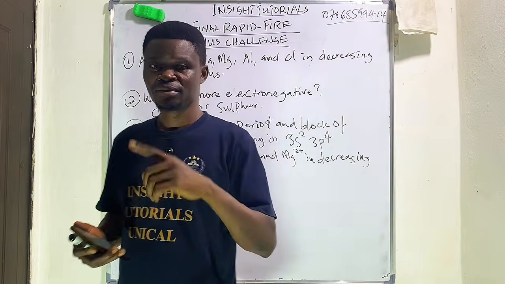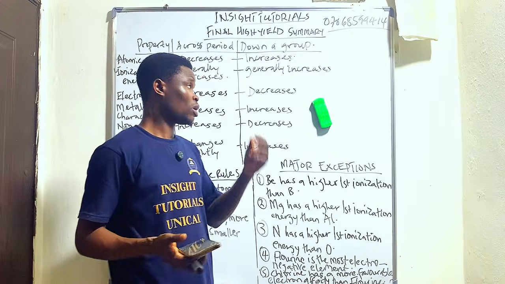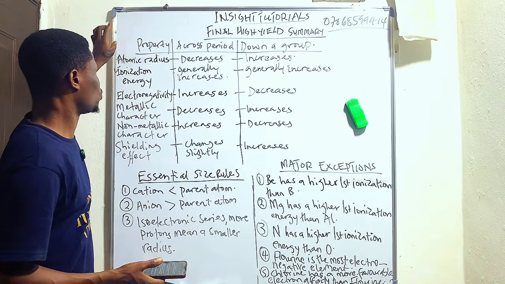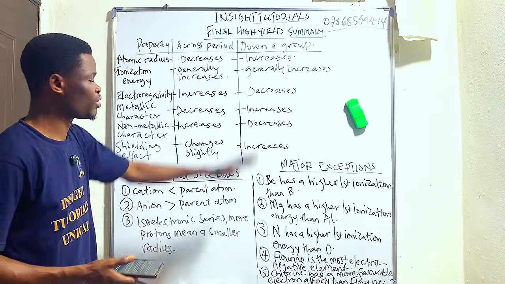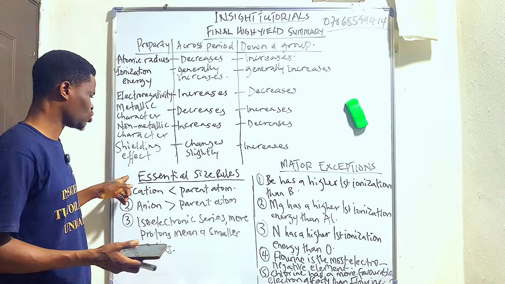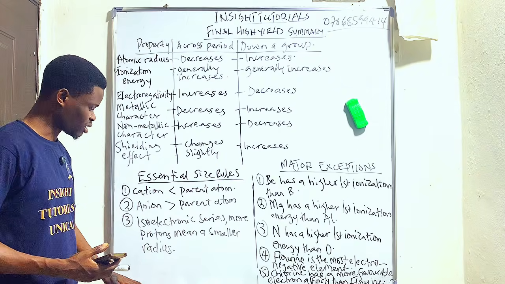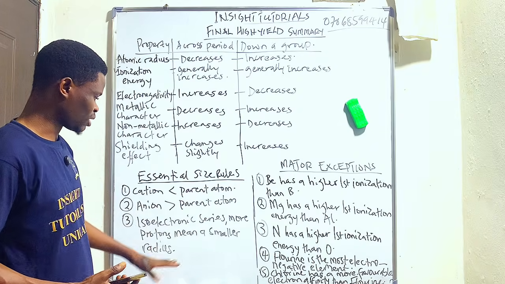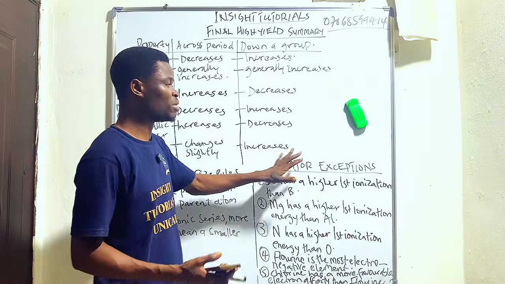All right, just before we call it a wrap-up, I want you to look at this final high yield summary. You have to know the properties and what happens across the period and down the group. This is a summary of it. And also very important, you should note the essential size rules that I've written here: what cation and anion are to the parent atom and what isoelectronic series imply. You should also be able to look at some major exceptions.